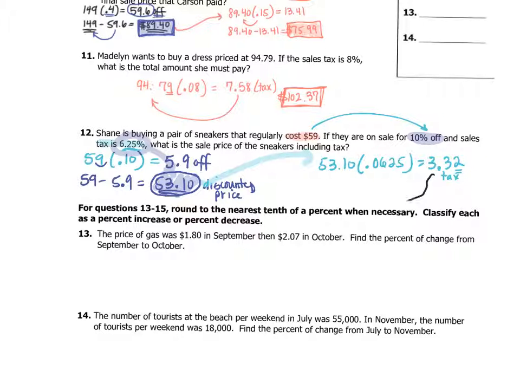So we're going to take that tax and add it right back onto that price. So 3.32 plus $53.10 to make Shane's price out the door with tax $56.42. Price out the door. Price with tax. So that's my explanation of those 4.